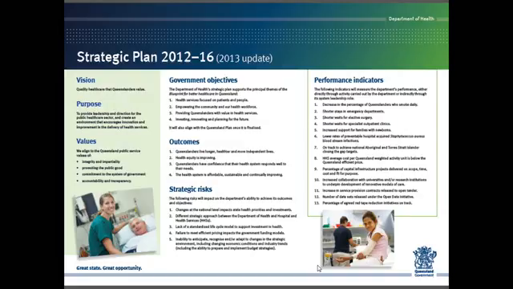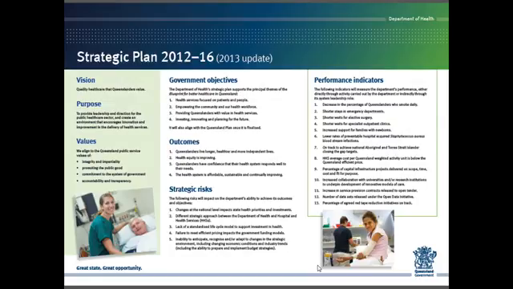There are values, and values are really very important. So at the moment we have 4 values that are important to the DOH. There are also objectives, outcomes, strategic risks that are associated with a strategic plan, and performance indicators or KPIs.